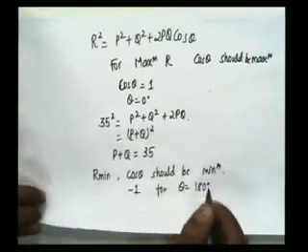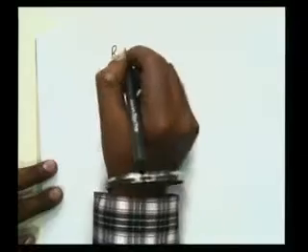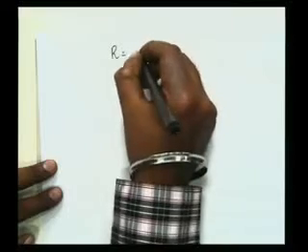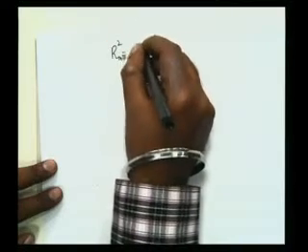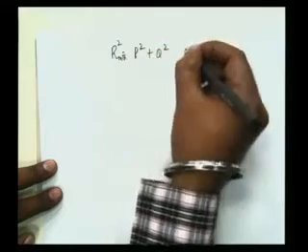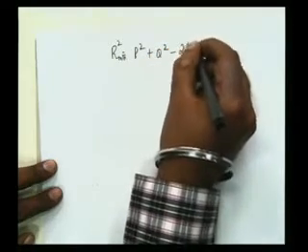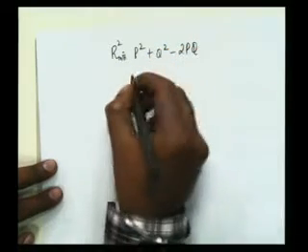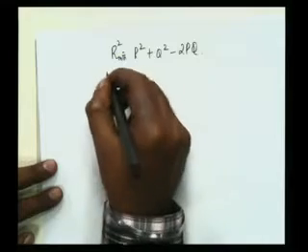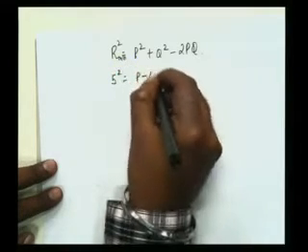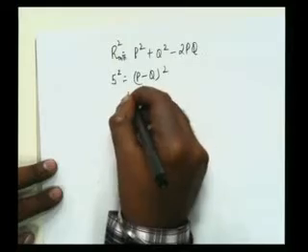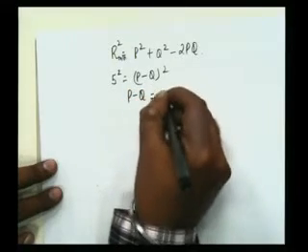So if we substitute the values here, R square minimum will be equal to P square plus Q square minus 2PQ. R minimum is given as 5. So 5 square will be equal to P minus Q whole square. We can say that P minus Q is equal to 5.